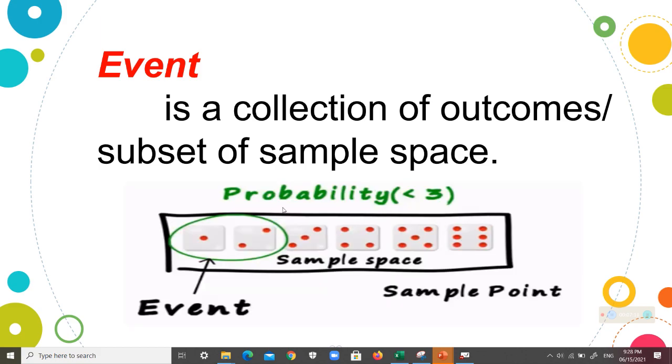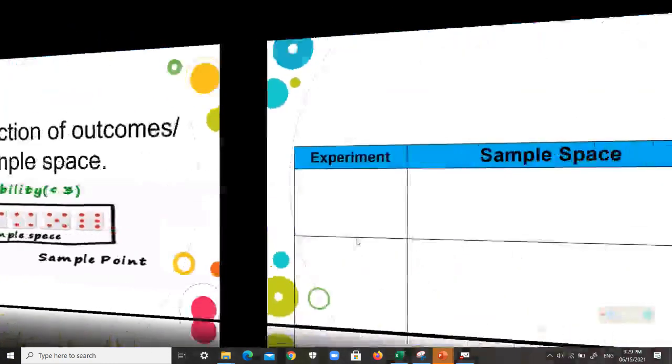For example, we want the probability that the result is less than 3. You roll a die, and the event will be 1 and 2. Because 1 is just a sample point, but when we say event, it will be 1 or 2. If you are given less than 5, you will have 1, 2, 3, and 4. I hope it is clear.